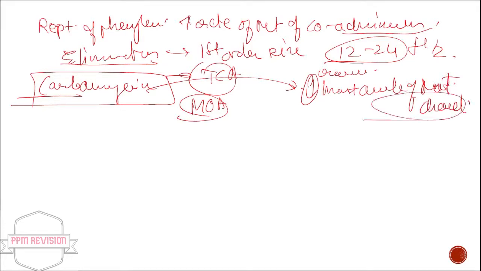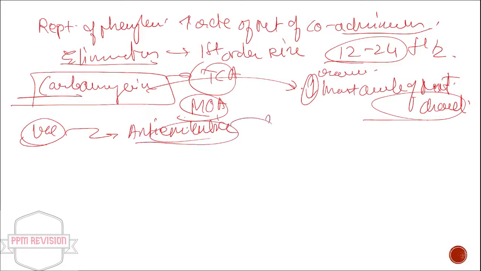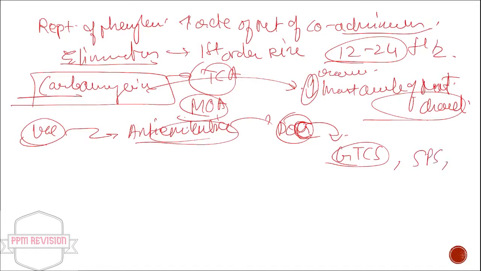okay. Now quickly looking at the uses of carbamazepine. It is commonly used as an anti-epileptic as we are dealing with it, okay. It is a drug of choice in case of generalized tonic-clonic seizures as well as SPS and CPS, that is simple and complex partial seizures.